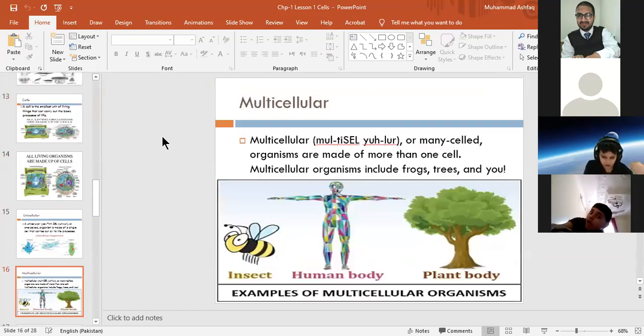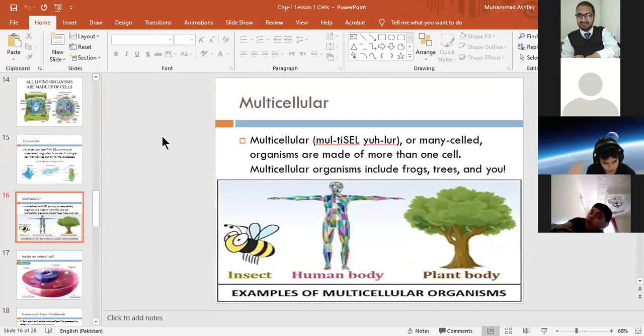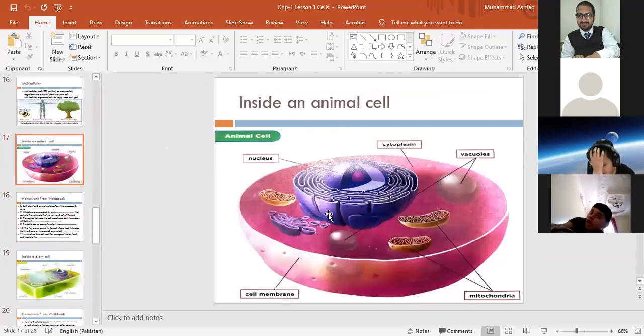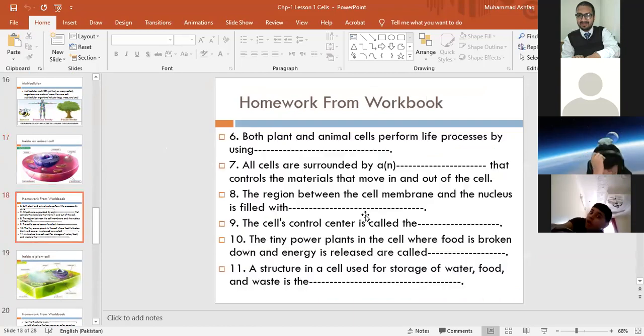Unicellular means single-celled, multicellular means more than one cell. After that, inside a cell, you can see the organelles that are present inside an animal cell. And after that, we have only two fill in the blanks for homework. You can see this on your workbook page number 3.